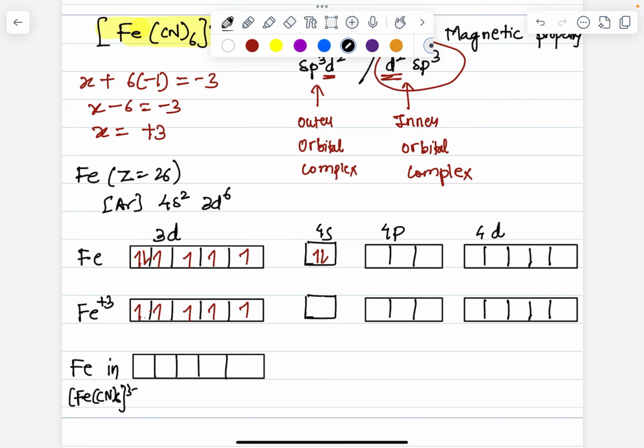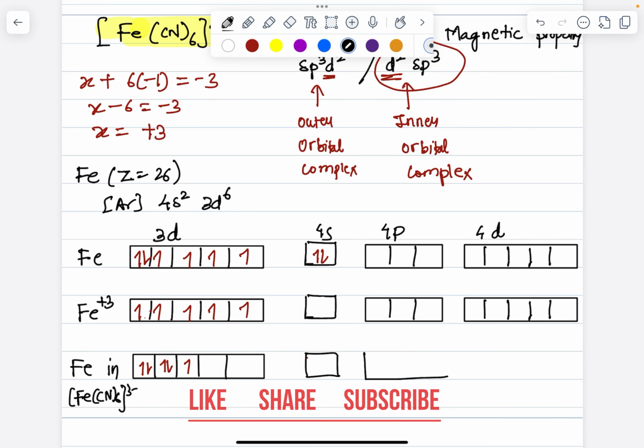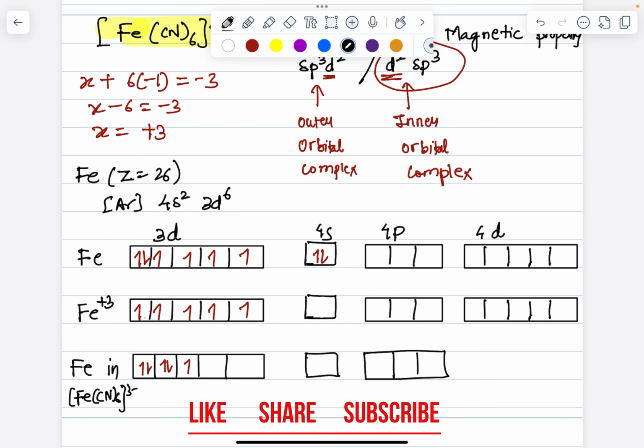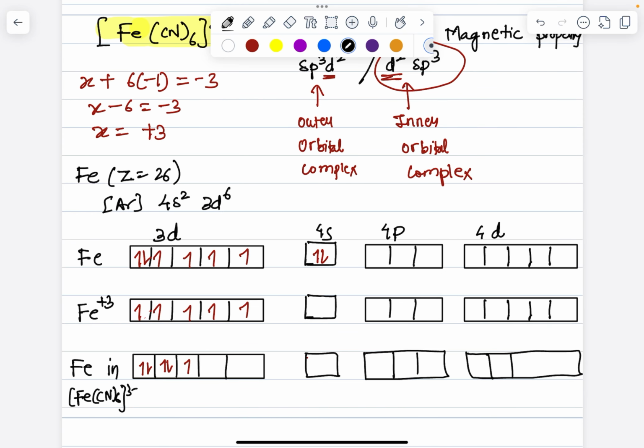There are 5 electrons, 1, 2, 3, 4, 5. The last orbital is not required in this case, for an outer orbital complex only it is required. So now you have 6 ligands of CN minus: 1, 2, 3, 4, 5, and 6.